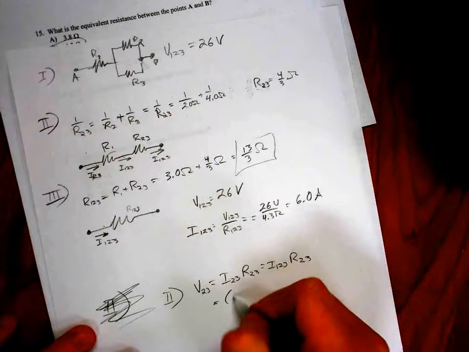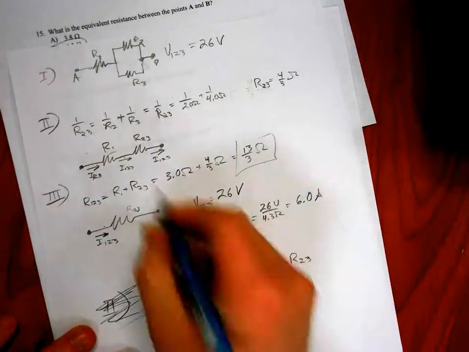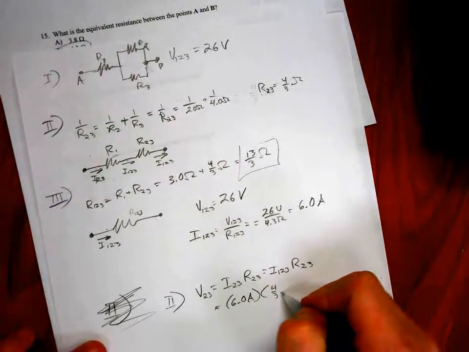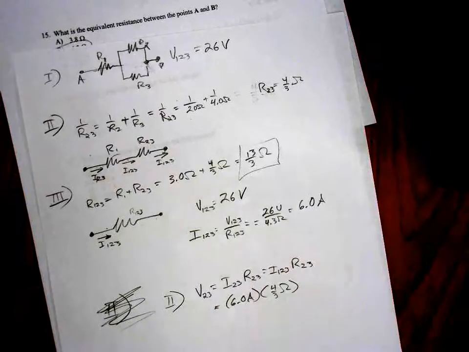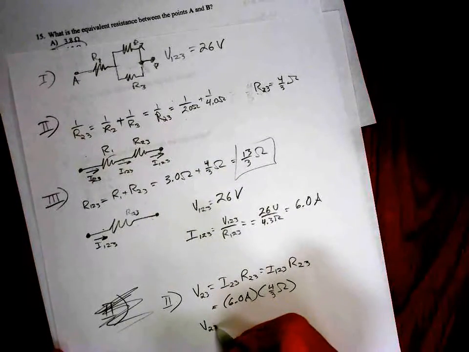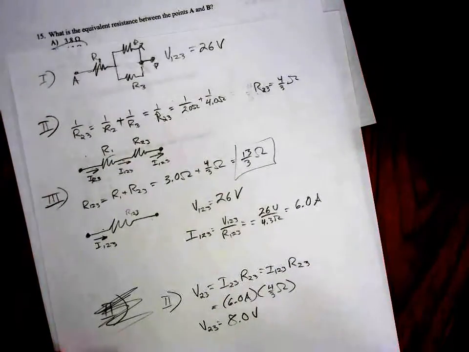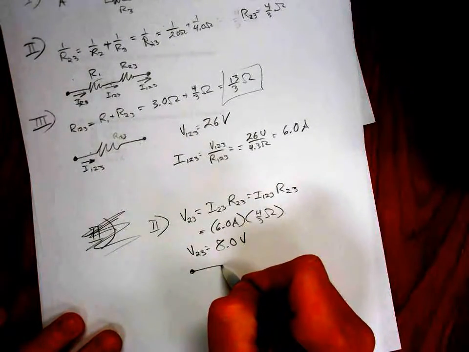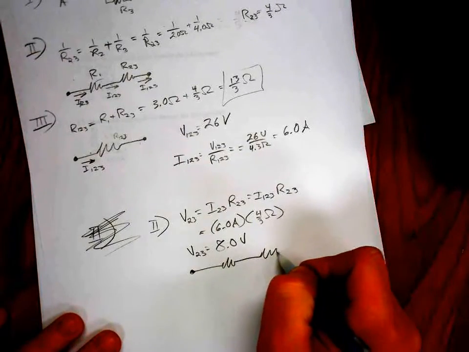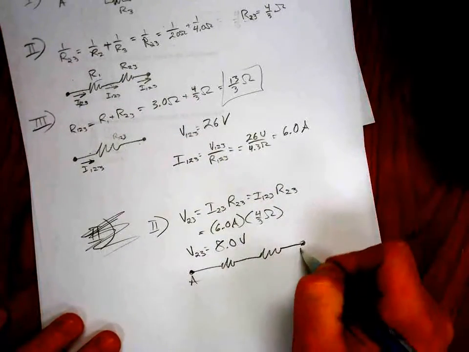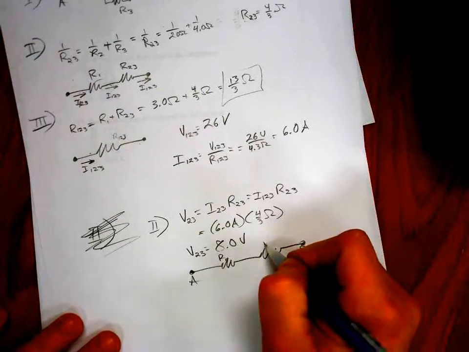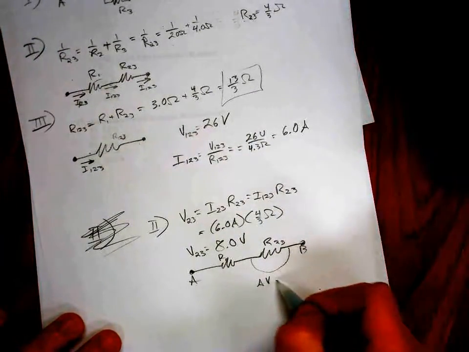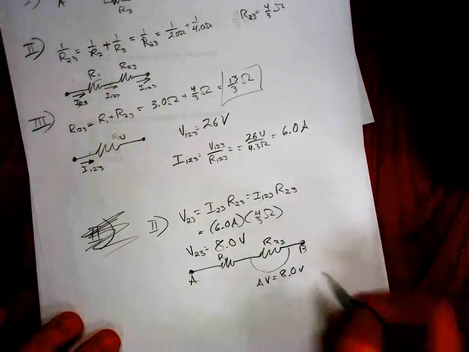And that is equal to 6.0 amps times 4/3. Okay, so that's 24 over 3, so the voltage across 2,3 is 8.0 volts. So what that means is from circuit 2, with R1 and R23, the voltage drop across R23 is 8 volts.